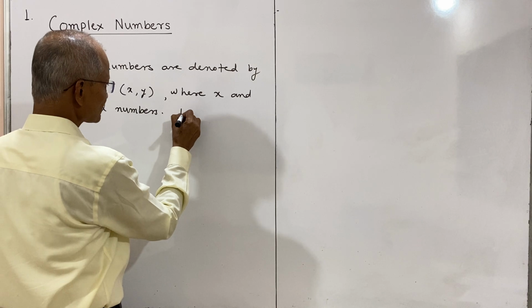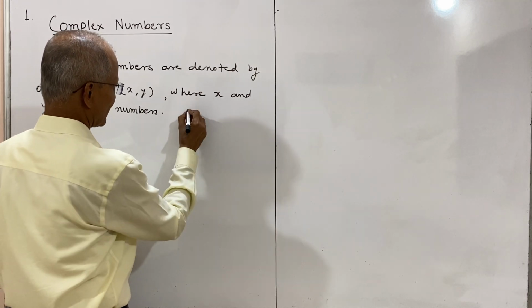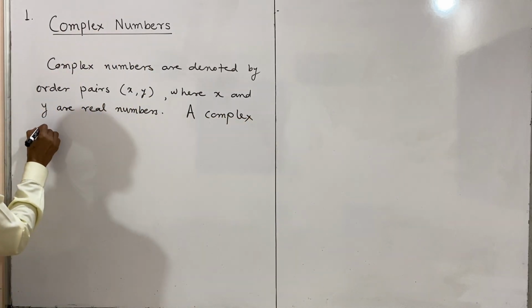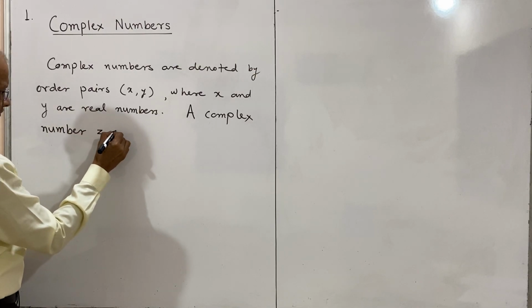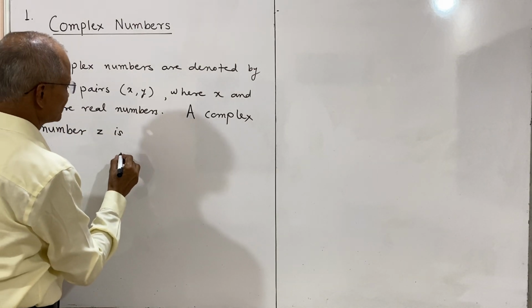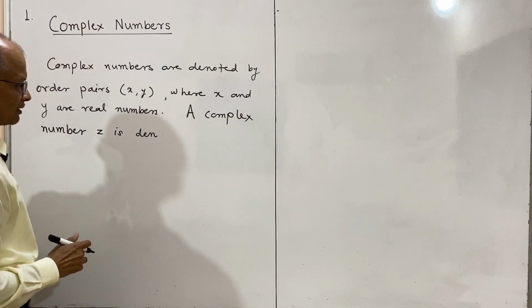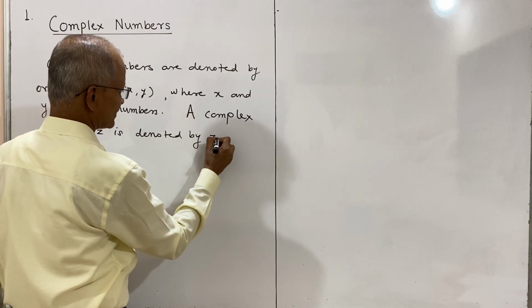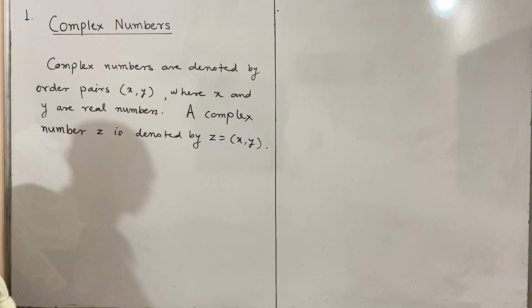Let a complex number be denoted by z. We denote a complex number by z, or z is equal to x comma y, where x and y are real numbers.